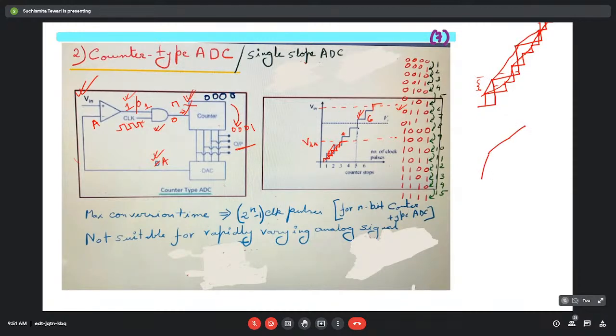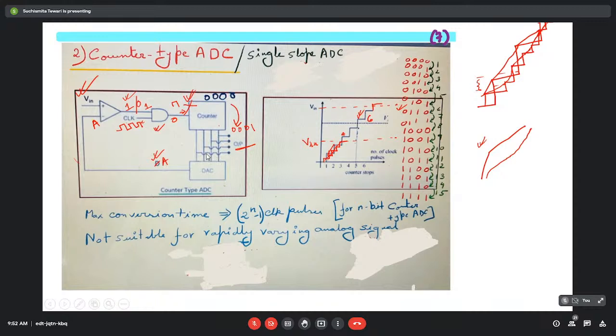This will be a lot more approximated than this one. So the more bits or levels here, the more the accuracy. That is, we can more accurately convert this input analog signal into its corresponding digital one.